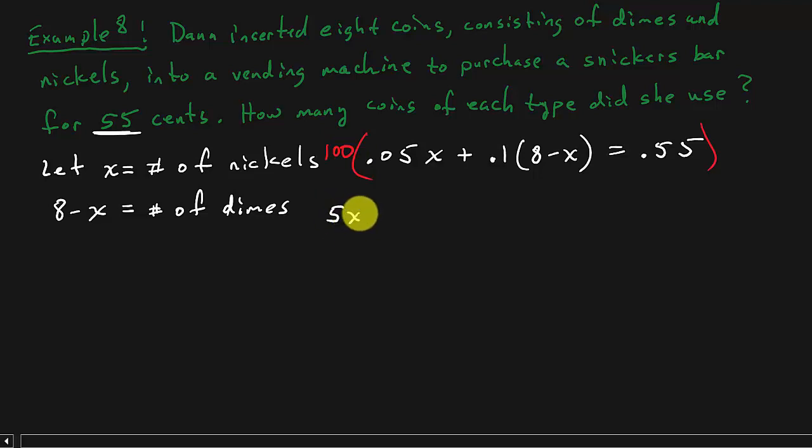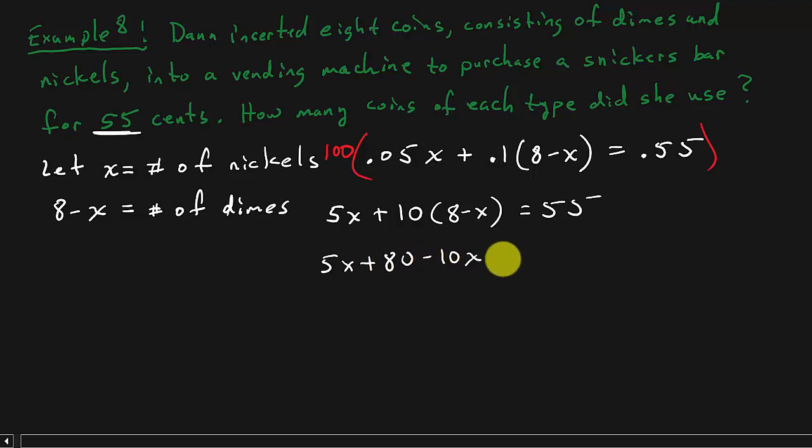So that's going to be 5x plus 10 times 8 minus x equals 55. Now let's clear the parentheses here. So that's 5x plus 80 minus 10x equals 55.